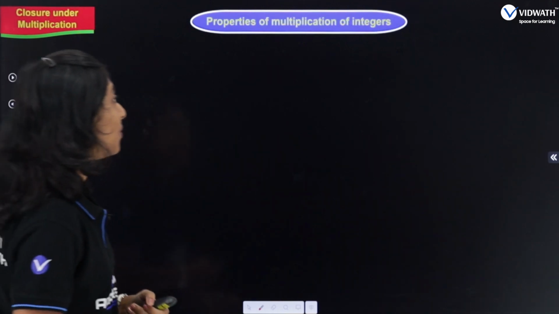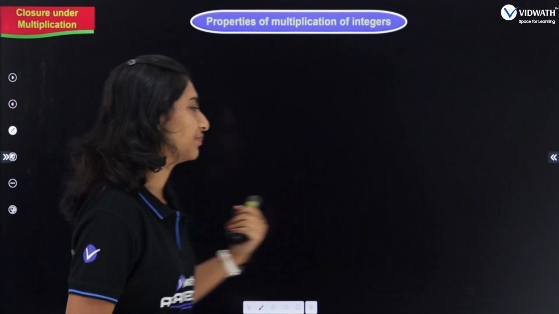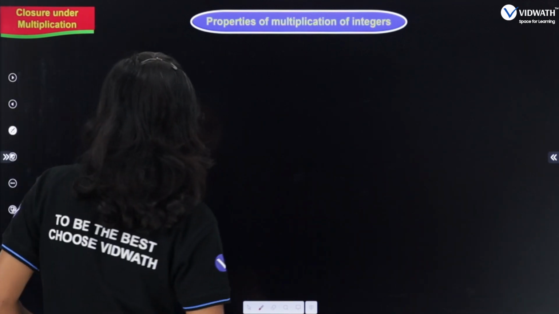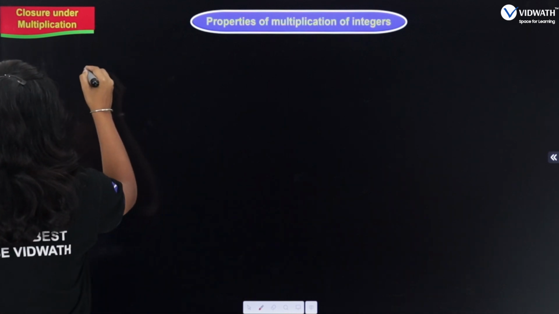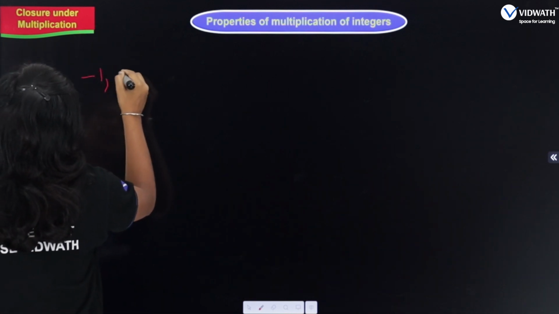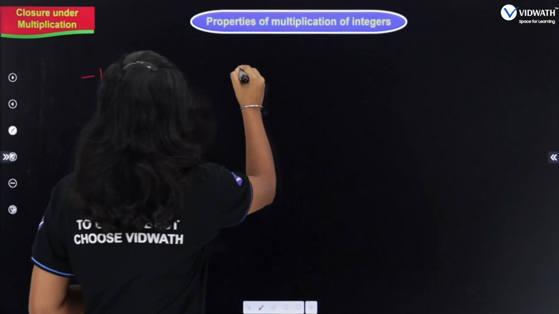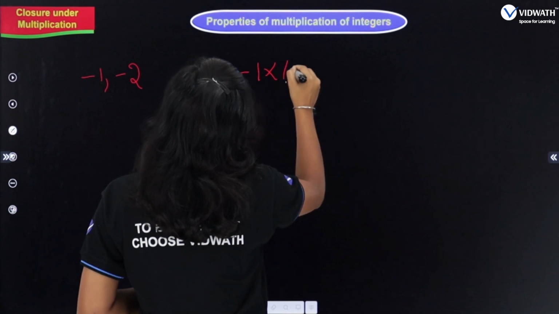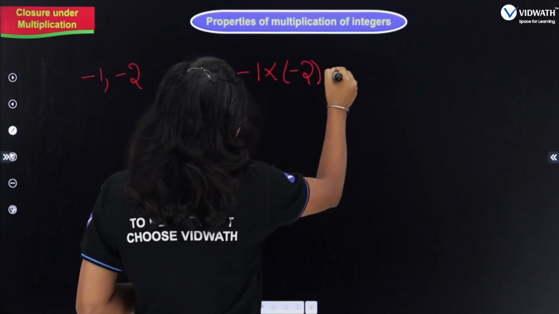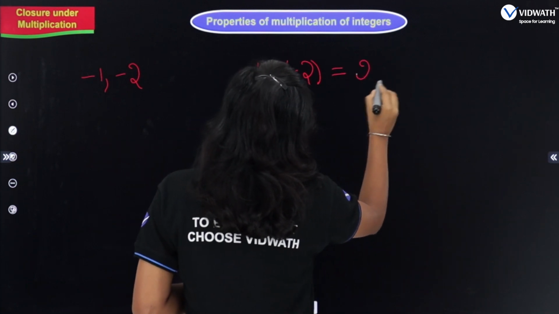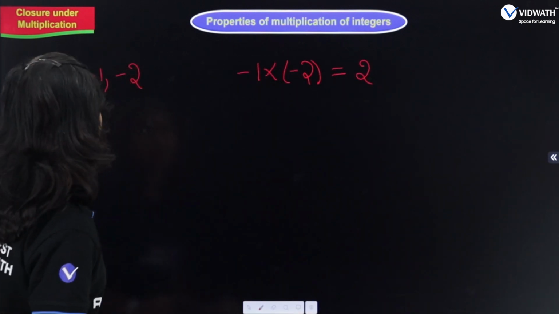Next is the properties of multiplication of integers. Under that, closure under multiplication. For example, if minus 1 and minus 2 are two integers, and if we multiply those integers, we should get another integer, which is equal to minus 1 into minus 2 will give you plus 2, which is an integer, right?